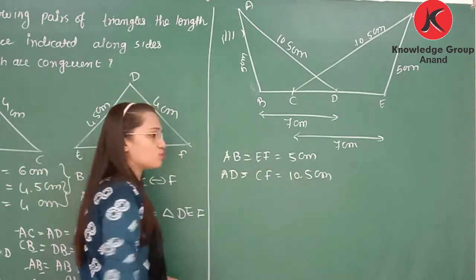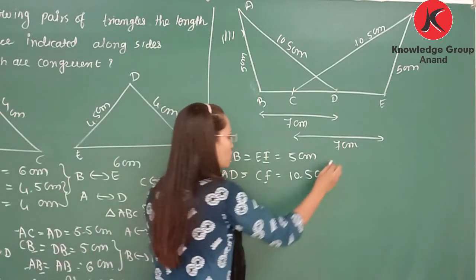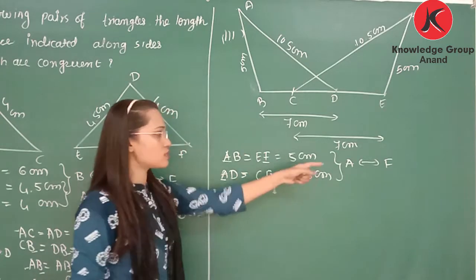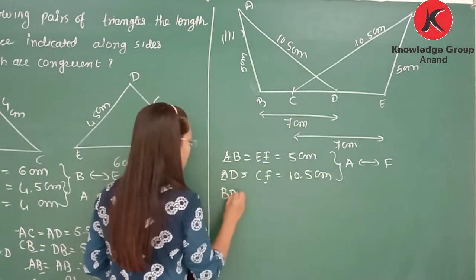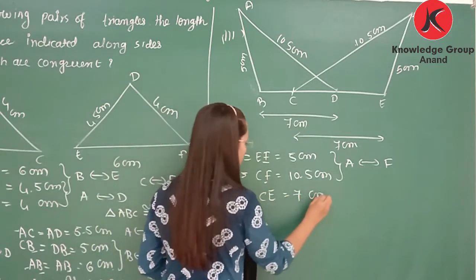Now from these two, which correspondence can we write? Here A is common and F is common, so A corresponds to F. We get the first correspondence. Next, we can write BD is equal to CE, that is 7 cm.